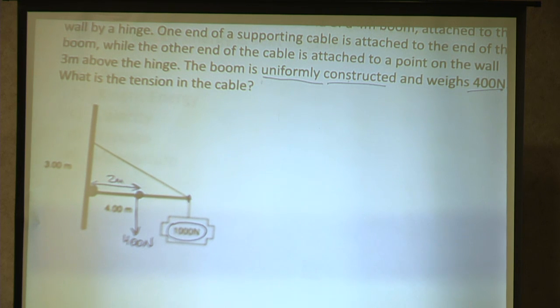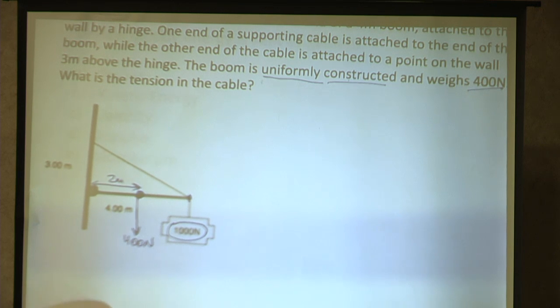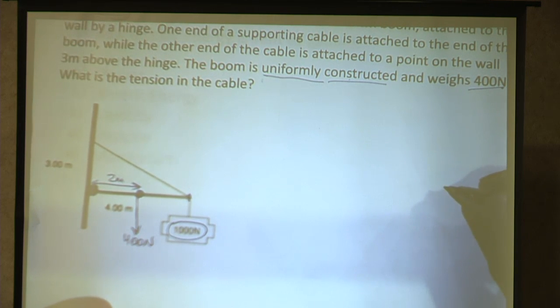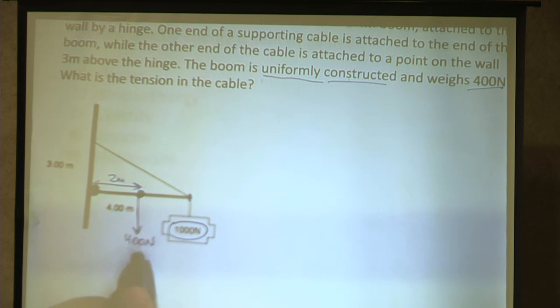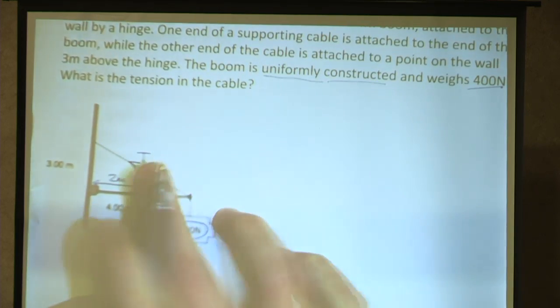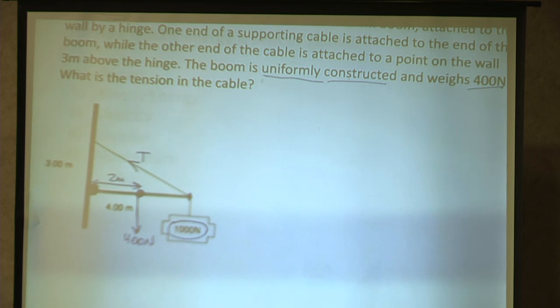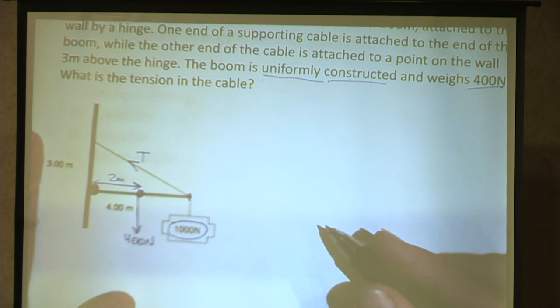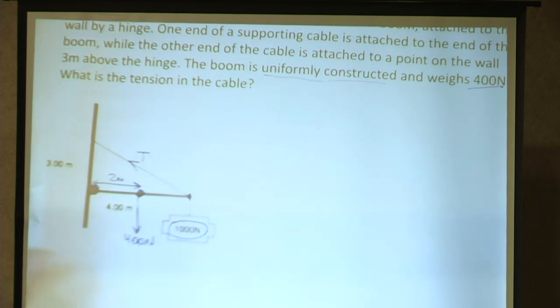What else are we missing? So what other forces do we have in here? We have the weight of the boom, the weight of the sign, and then the whole thing that's holding this thing together, which is the tension in the cable, T. So overall, this is going to be a torque problem.